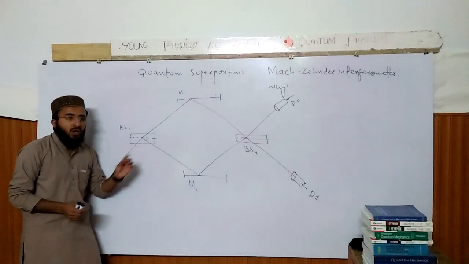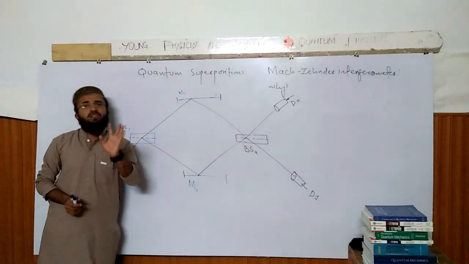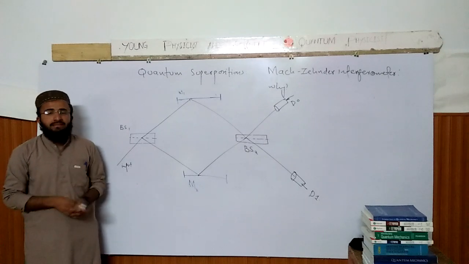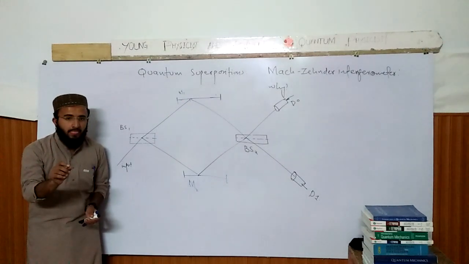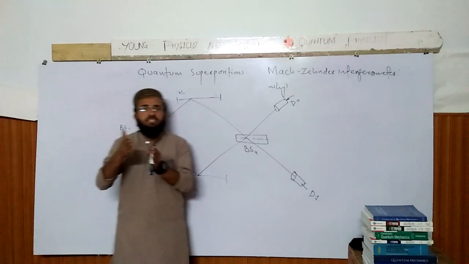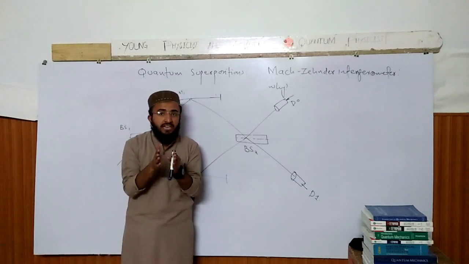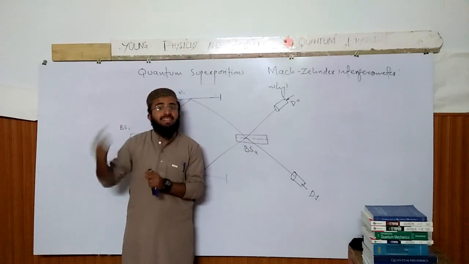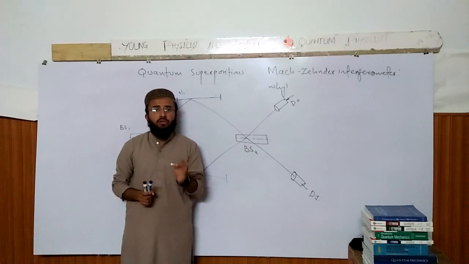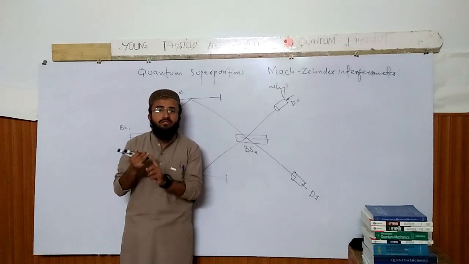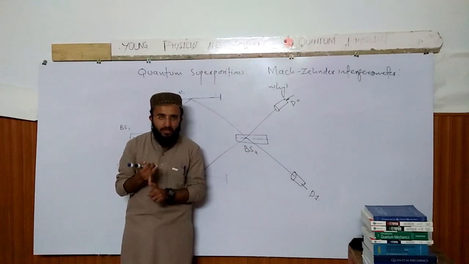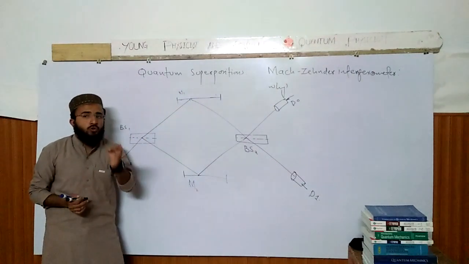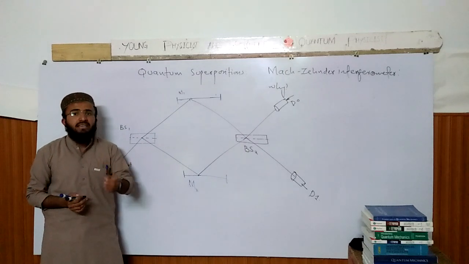At a time, we send a single photon. But remember one point: the interference is not the interference of one photon with another photon. The photon must interact with itself.